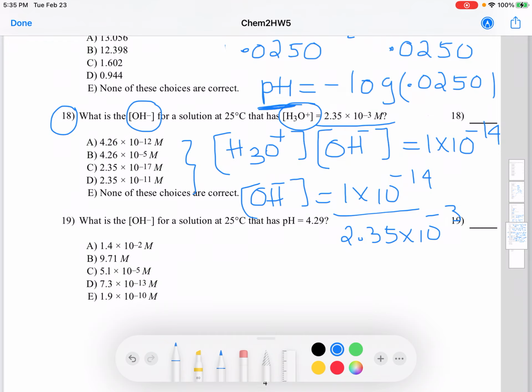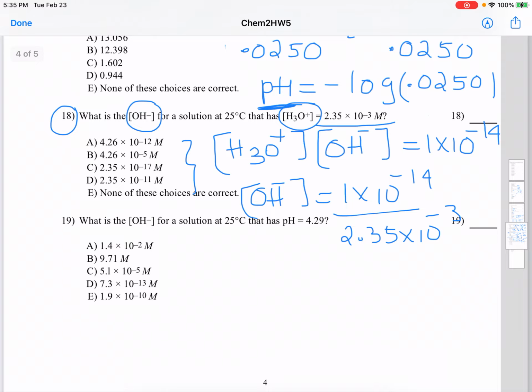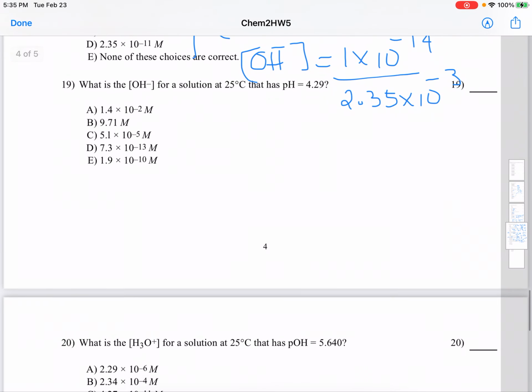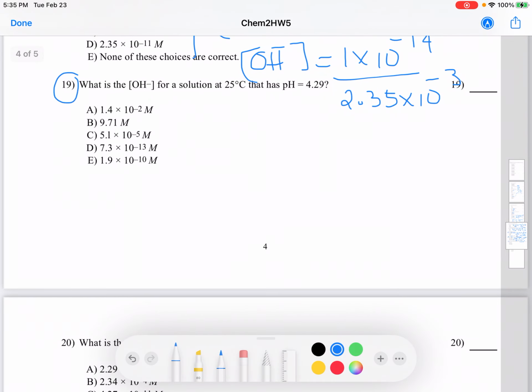So number 19. What is the hydroxide ion concentration for a solution at 25 degrees Celsius that has a pH of 4.29? Now we can approach this in two ways.